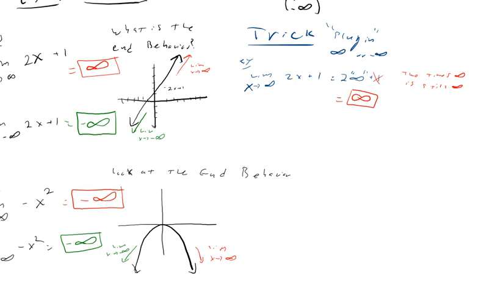So we can imagine plugging it in, and we say, well, what happens to this infinity? Does it still remain positive? Is it negative? What's happening? Same thing with the limit as x approaches negative infinity of 2x plus 1. I'm going to plug in 2 times negative infinity, plus 1.